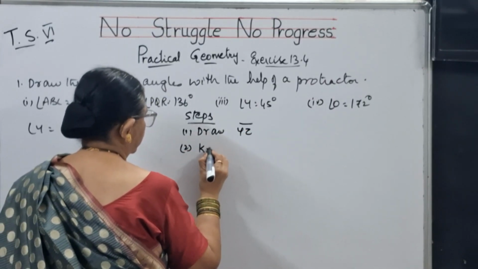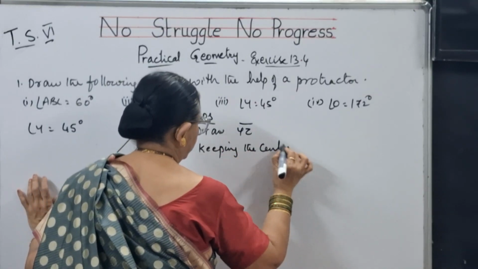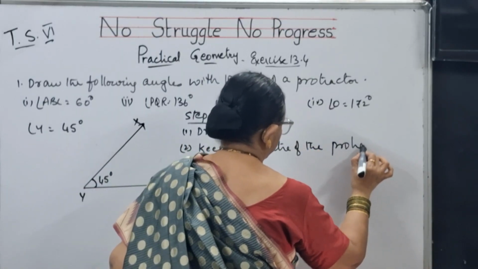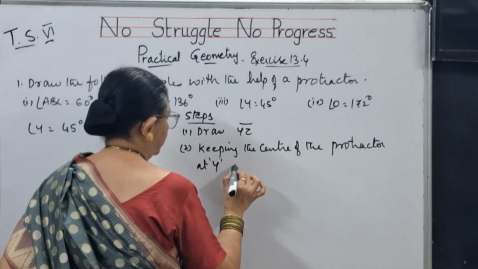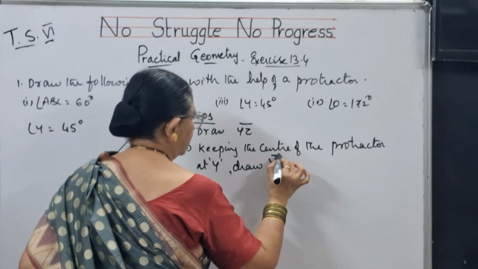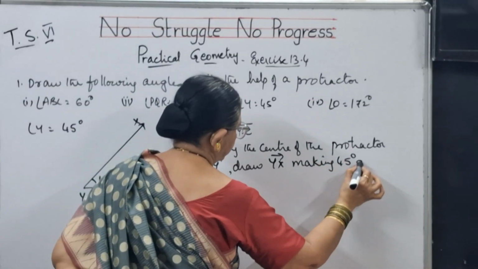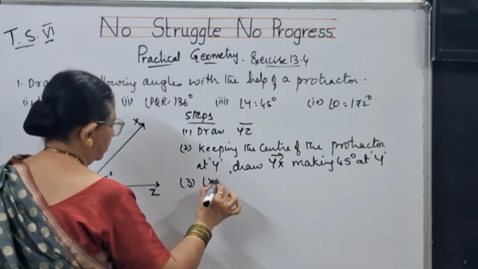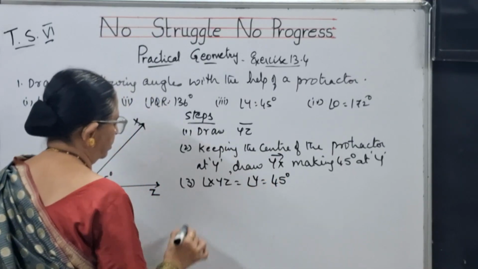Second one, keeping the center of the protractor at Y, draw YX ray making 45 degrees at Y. Third one, angle XYZ is equal to angle Y is equal to 45 degrees.